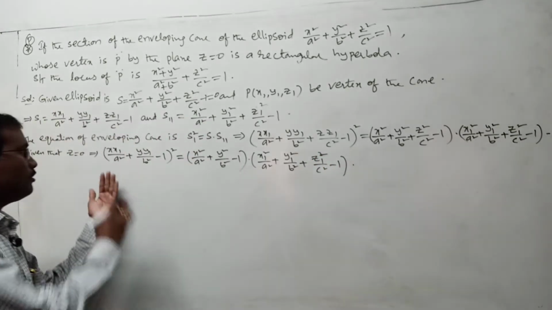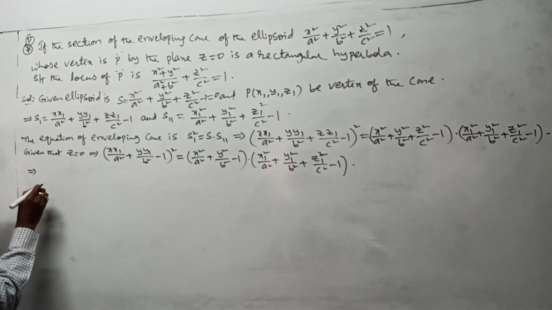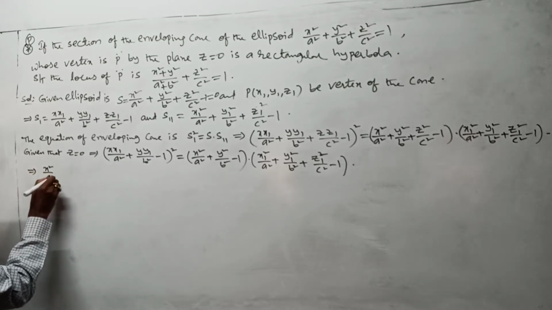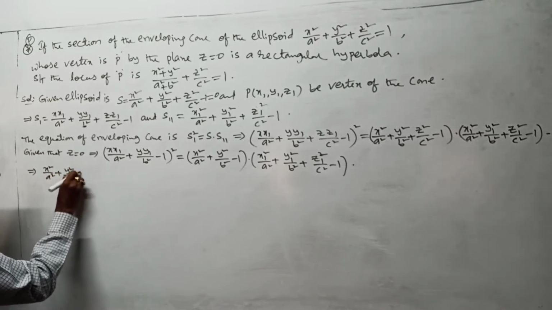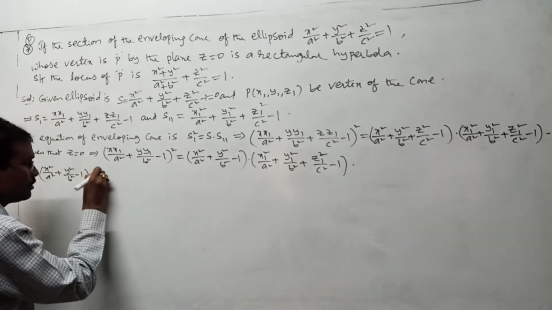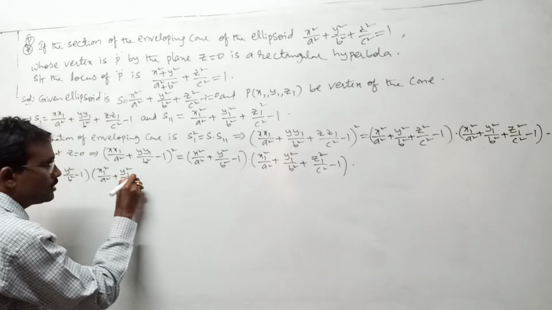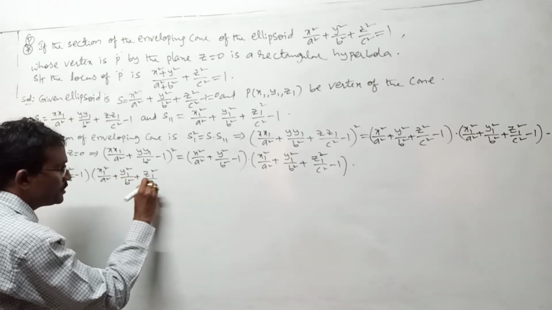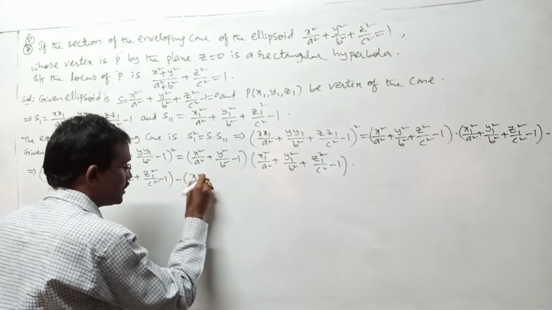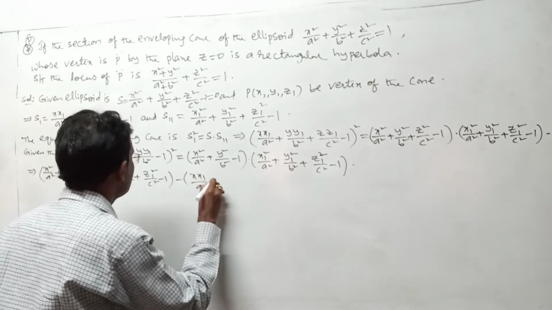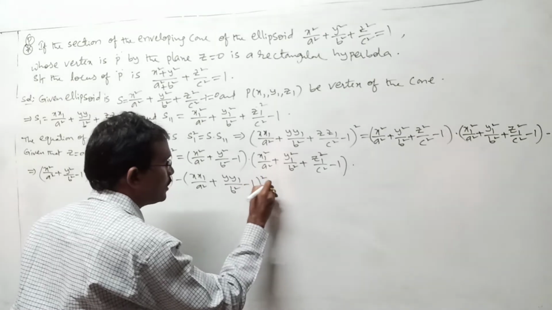Now take all the terms to one side. This implies x square by a square plus y square by b square minus 1, into x1 square by a square plus y1 square by b square plus z1 square by c square minus 1, minus x1 x by a square plus y1 y by b square minus 1, whole square.